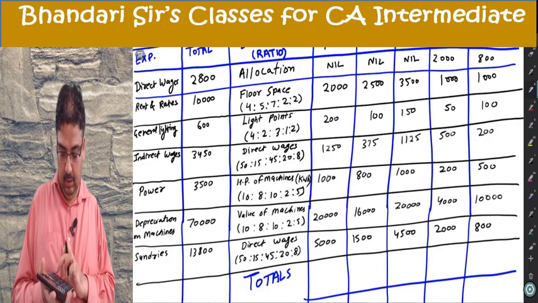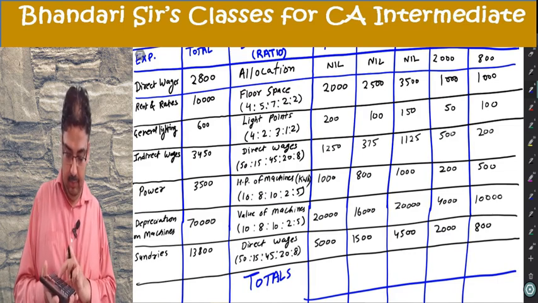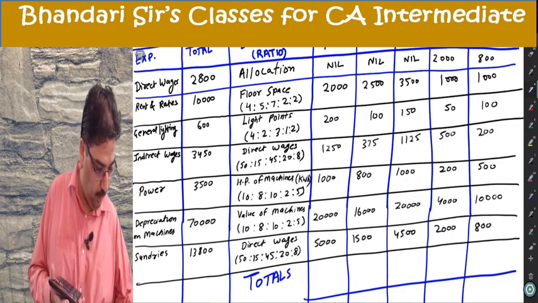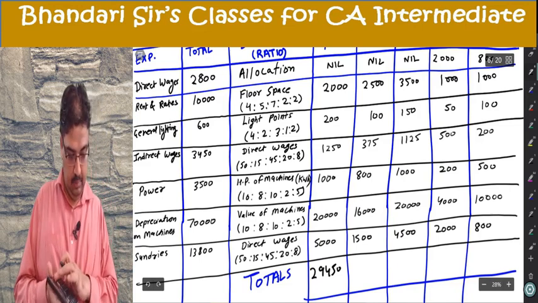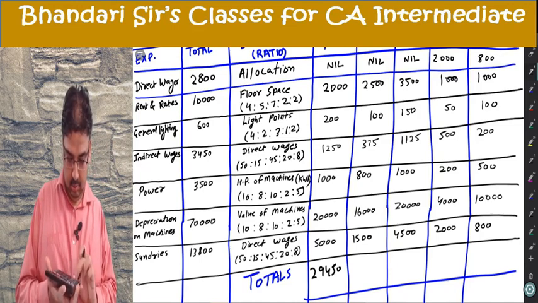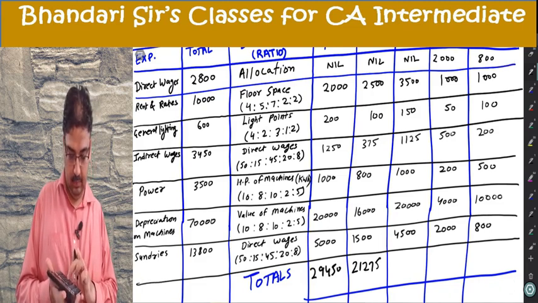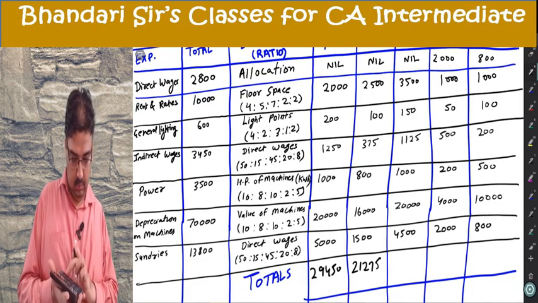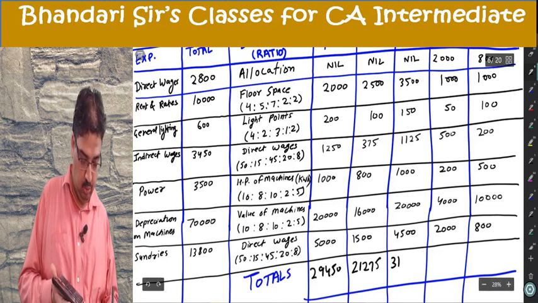2,000, 200, 1,250, 1,000, 20,000, 5,000: 29,450. Two 1,275. 3,1625.